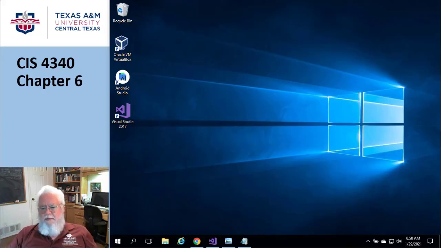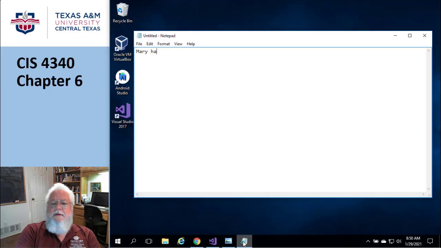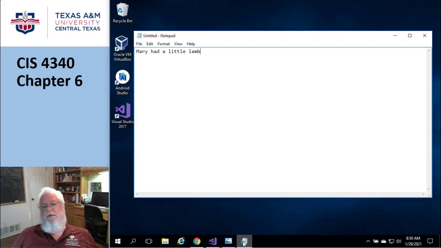But wait, between white space, so what if I said, Mary had a little lamb? So you can look at that and see immediately what the words are, but if I'm going to write a parser, the beginning doesn't have to have a space, does it? And the end doesn't have to have a space. So those are kind of special situations.